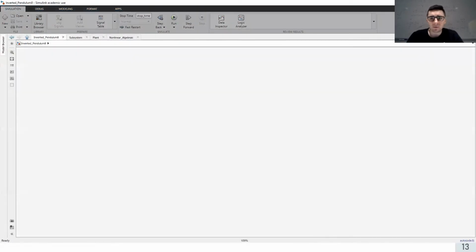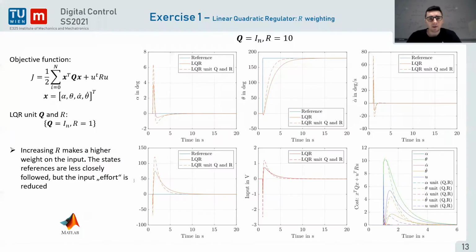So if we have a look, instead of using this one, I can directly use the comparison one. So I can go back here anyway. So here I'm comparing using two different Q and R matrices. So the Q matrix is always identity, so it's one for each state. And then for the R matrix, so how much input effort I'm using, 1 and 10.